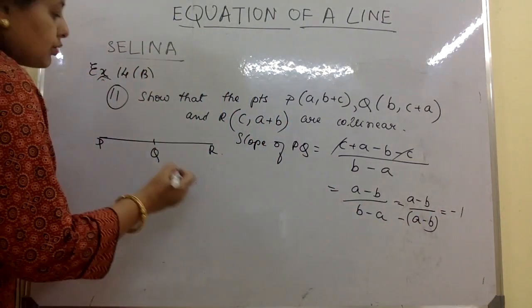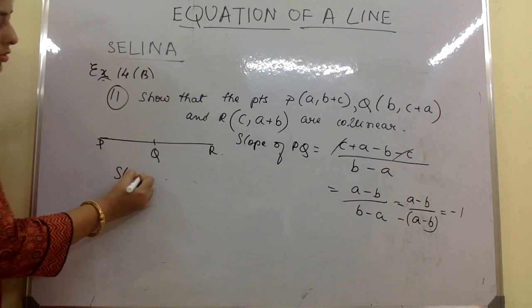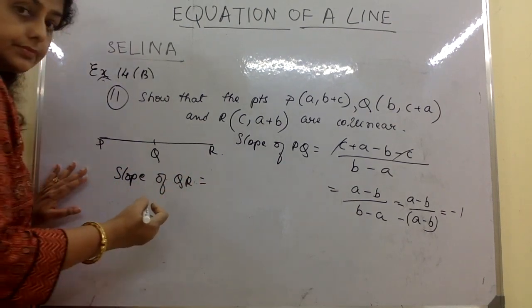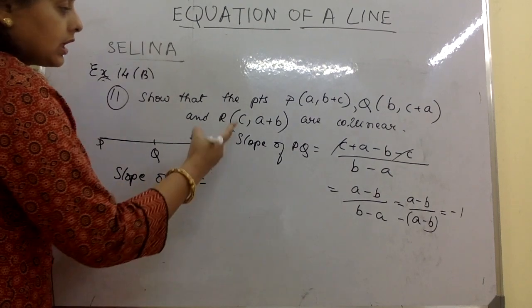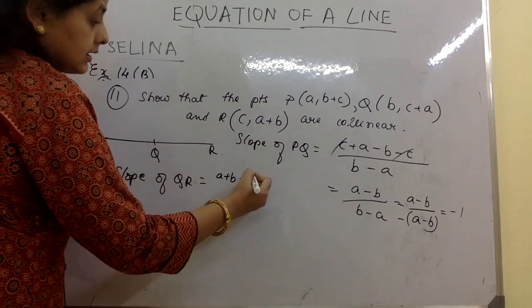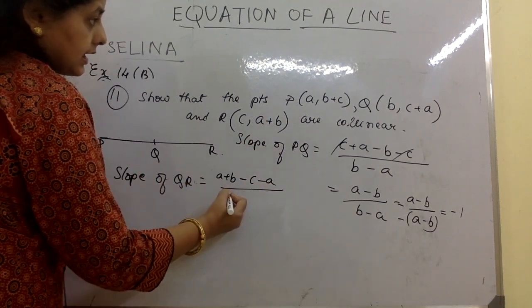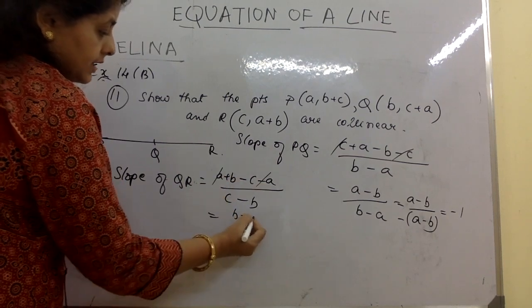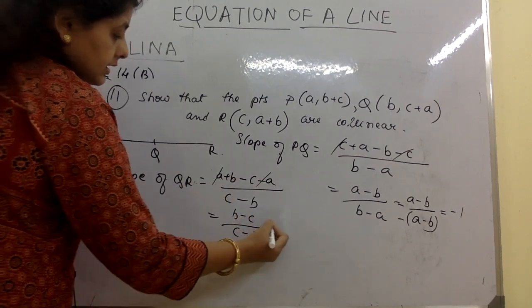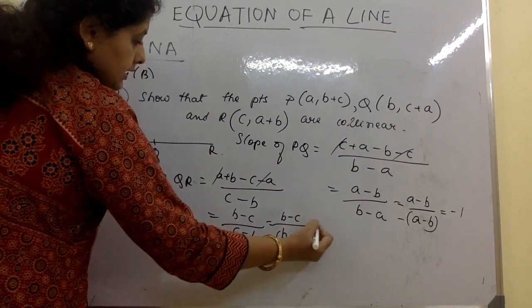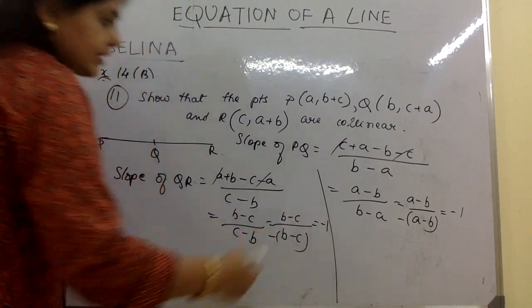Okay, now slope of QR. Slope of QR is A plus B minus C minus C over C minus B. Let's see. B minus C over C minus B, that is B minus C over B minus C with a minus here. That is again equal to minus 1.